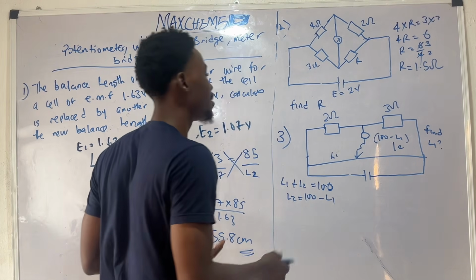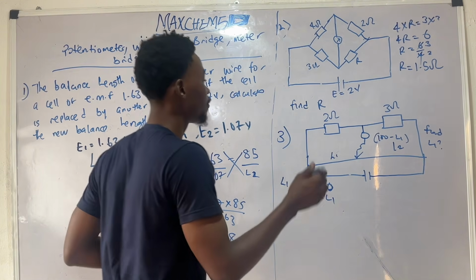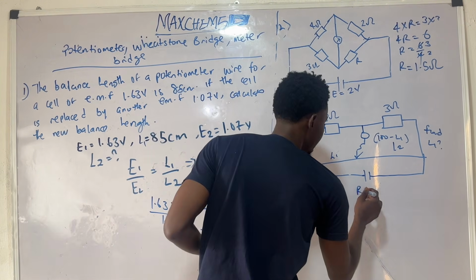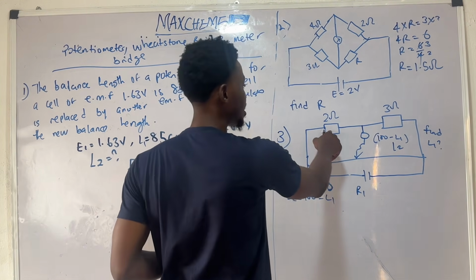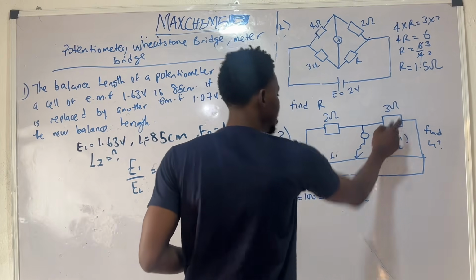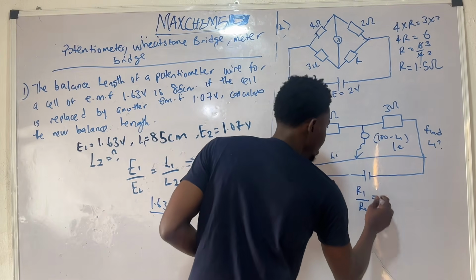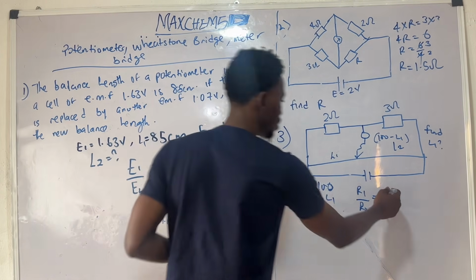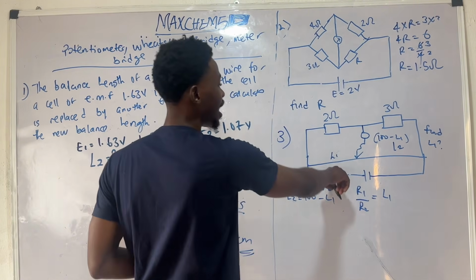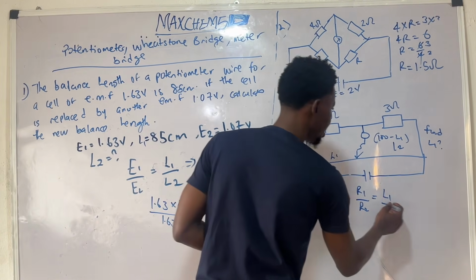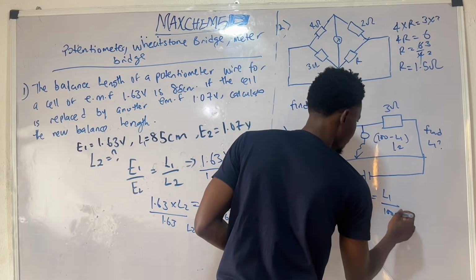So what is the formula for the meter bridge? The formula for the meter bridge is R1, which is this resistance here, over R2, which is this resistance here, is equal to L1, which is the length here, over L2, which is the length here, 100 minus L1.